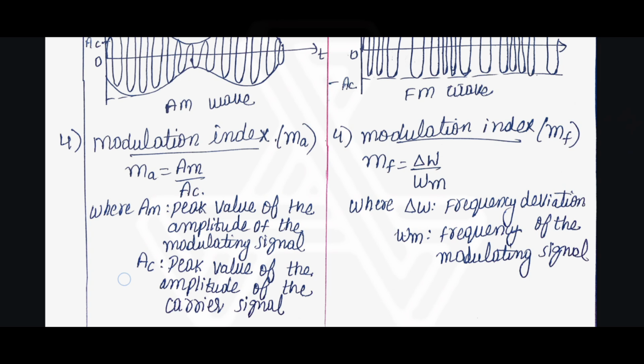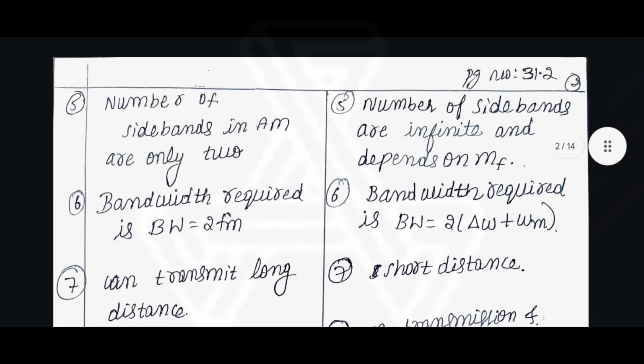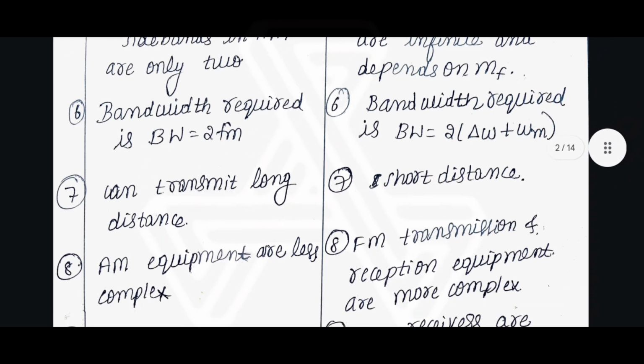Am is the peak value of the amplitude of the modulating signal, Ac is the peak value of the amplitude of the carrier signal. Delta W is the frequency deviation, Wm is the frequency of the modulating signal. Number of sidebands in AM are only 2. Number of sidebands in FM are infinite and depend on mF. Bandwidth required in AM is BW equals 2fm. Bandwidth required in FM is BW equals 2 into delta W plus Wm.